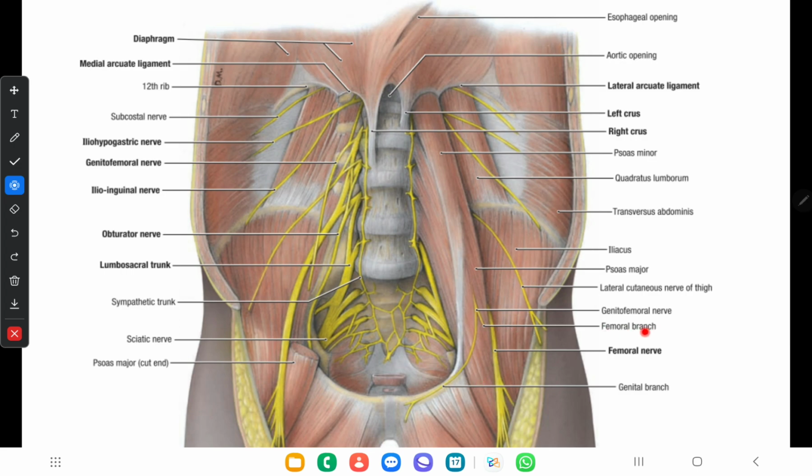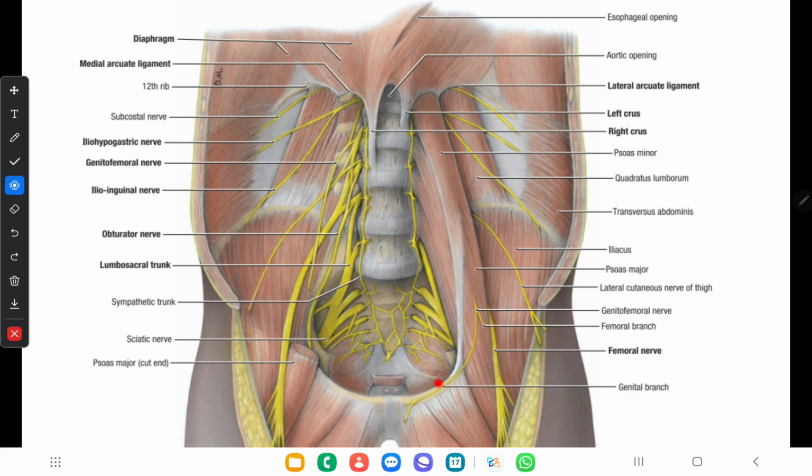It results in reflex contraction of the cremasteric muscle, because the genitofemoral nerve also gives a genital branch which supplies the cremasteric muscle, and the drawing upward of the testis within the scrotum. That is called the cremasteric reflex.